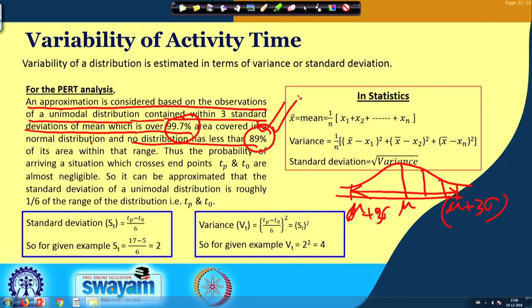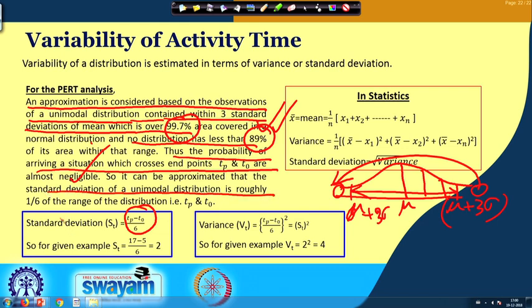Thus, the probability of arriving at a situation which crosses the endpoints T p and T 0 is almost negligible. That means the probability of occurring outside these zones is almost negligible, and that is why we are considering the variance using this formula. So, it can be approximated that the standard deviation of a unimodal distribution is roughly 1/6 of its range, and that is why it is considered T p minus T 0 by 6.